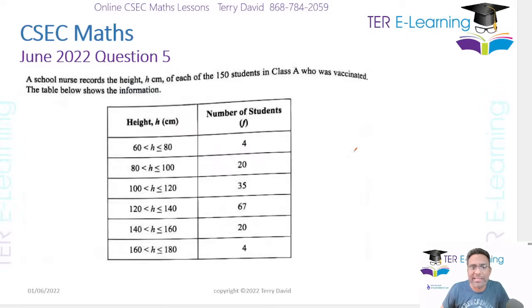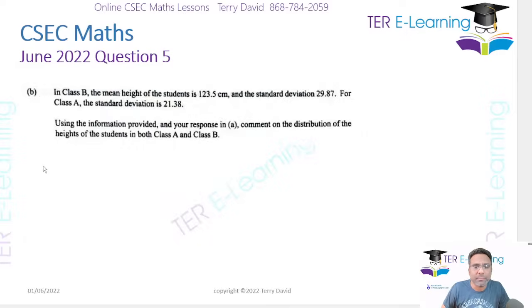So this is class A, and we worked out a mean for class A of 122.1 cm. And they are telling us that the standard deviation for A is 21.38 cm.